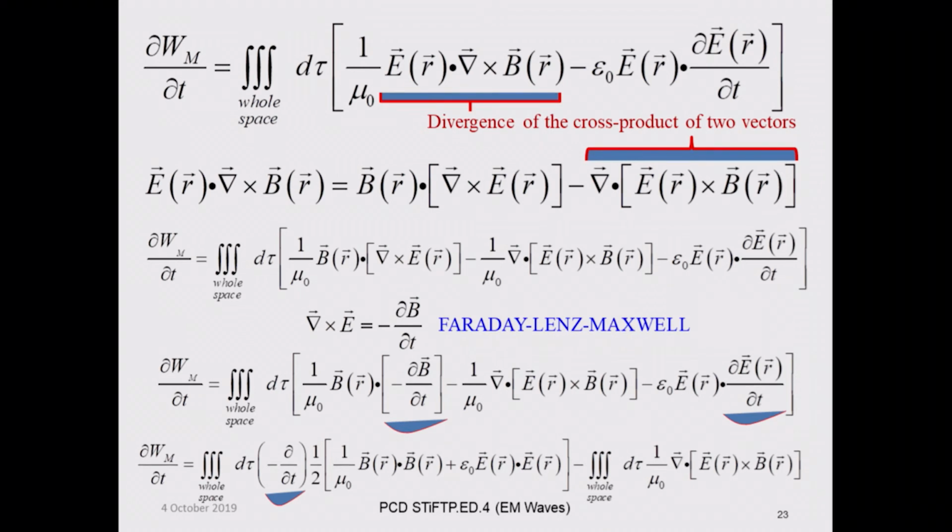So, you have got the volume integral of the time derivative of B dot B and E dot E scaled appropriately by 1 over mu 0 and by epsilon 0, and the other term is the volume integral of the divergence of a cross product of E and B, and that we know, we have done it so many times, can be written as the surface integral using the Gauss's divergence theorem.